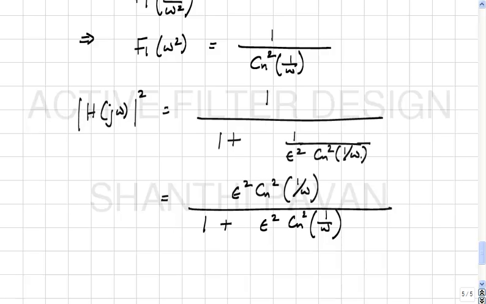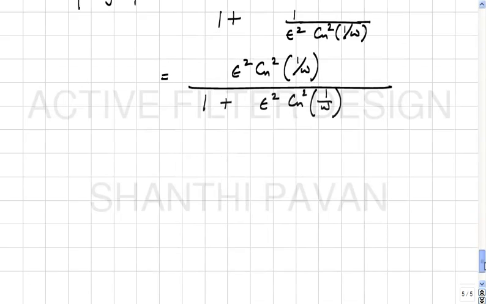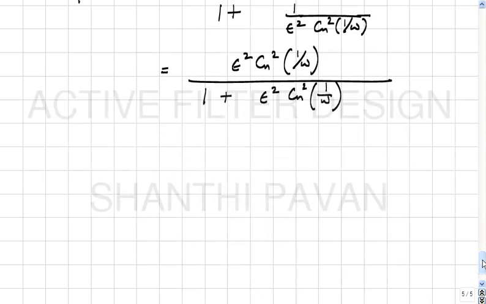Okay. Now, how do we find the roots of the equation? So, this clearly is the ratio of polynomials in S, okay, in 1 by S actually. But what is the degree of the numerator? The highest degree will be 1 by S whole to the power 2n.